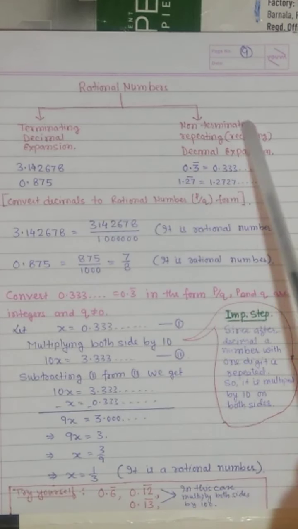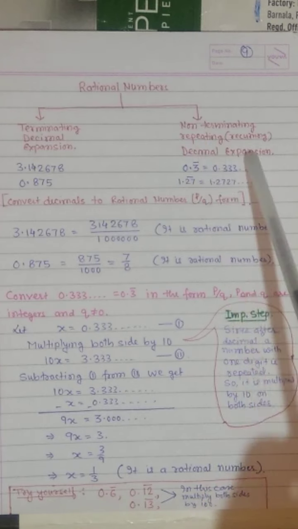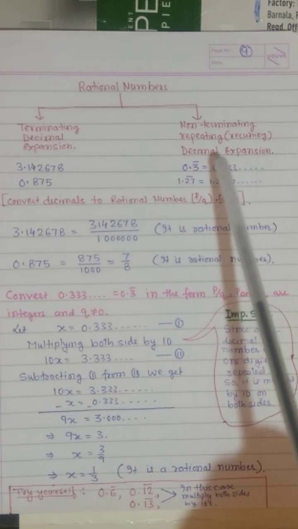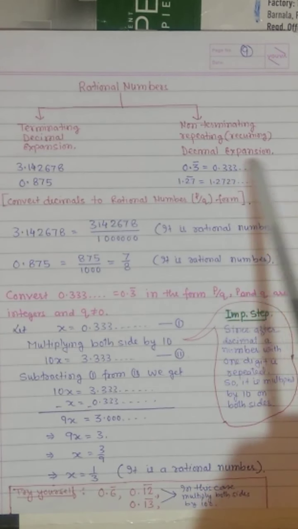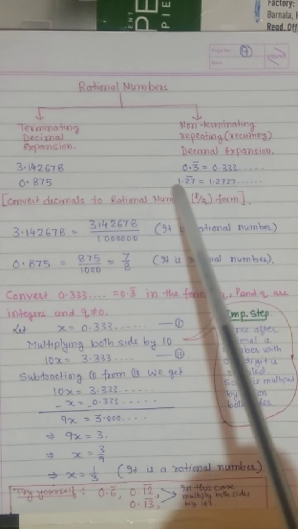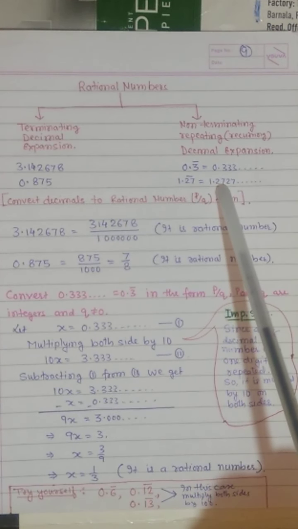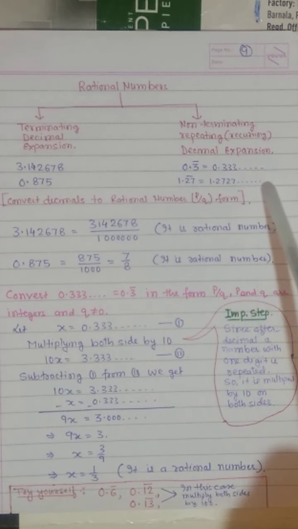Non-terminating repeating is also called non-terminating recurring decimal expansion. Here 0.3 bar, that is 0.3333 with 3 repeated after the decimal, and 1.27 bar, that is 1.272727, where 27 is repeated after the decimal.